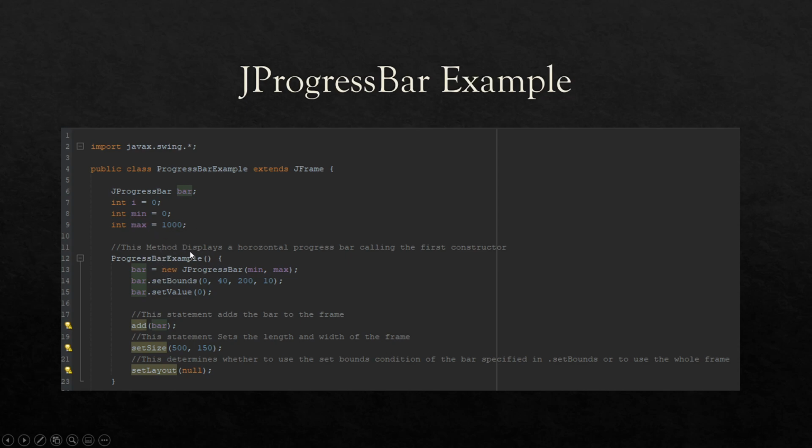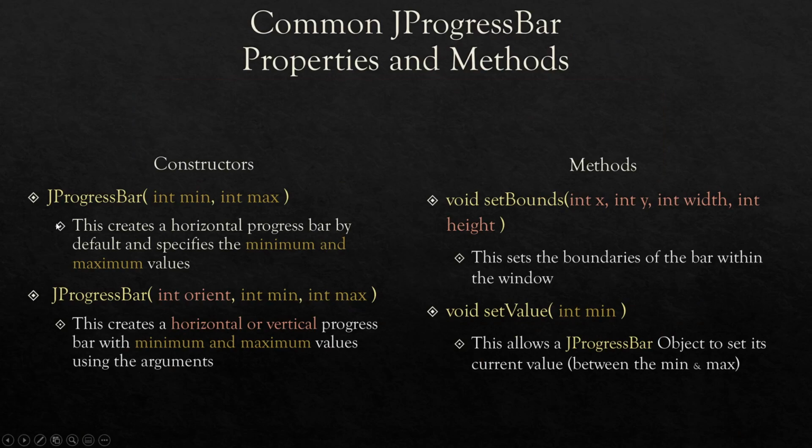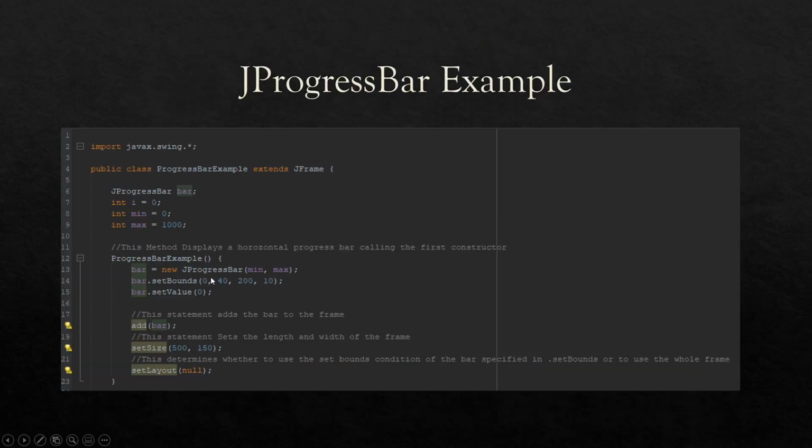So this method displays the horizontal progress bar by calling the first constructor here. So new JProgressBar, and I specify the minimum and maximum. In experimenting with the setBounds, I ended up with these just to determine what each of these integers affected, and then we set the initial value to 0 so that the bar begins loading at 0.